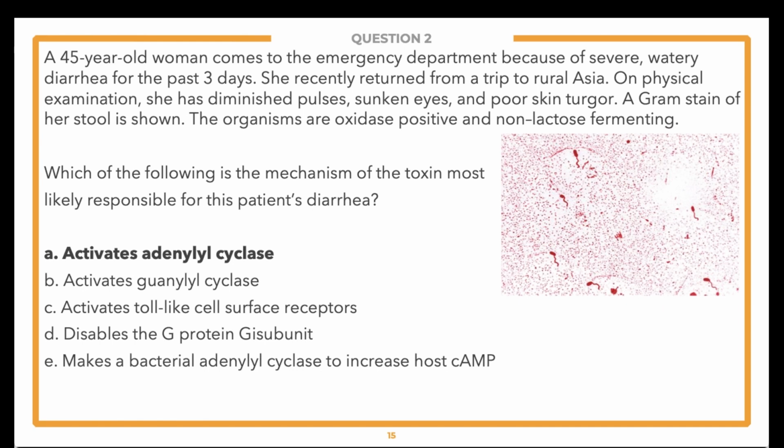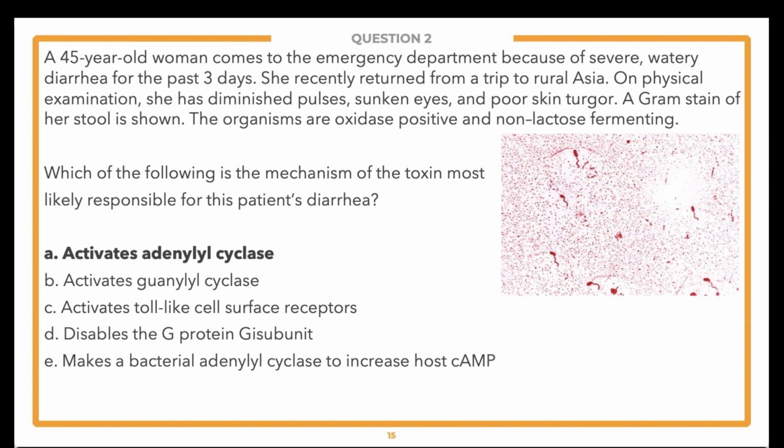So again, take a look at your patient there. 45-year-old woman comes to the emergency department. She's got severe watery diarrhea for the past 3 days. She's been traveling, so a lot of strong signals here, and so step one here is diagnosing the disease, right?